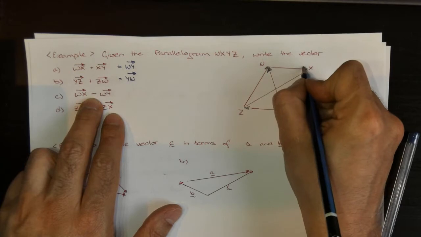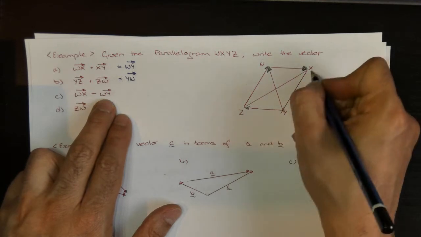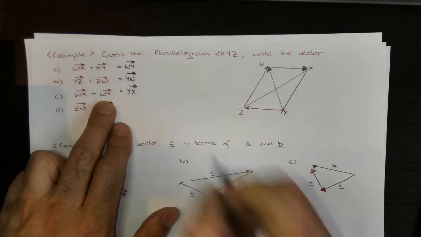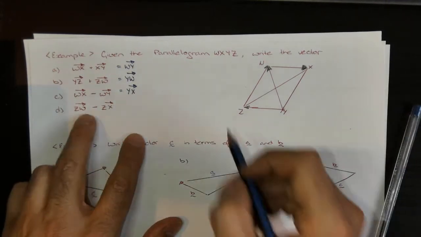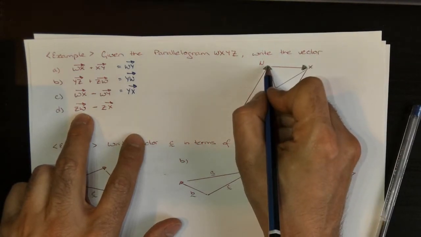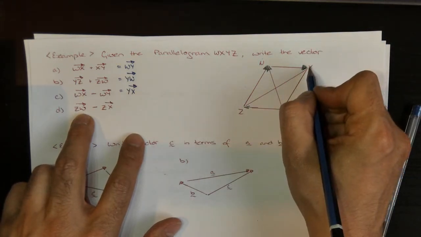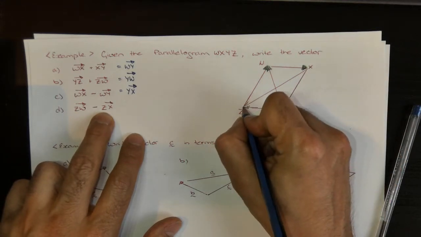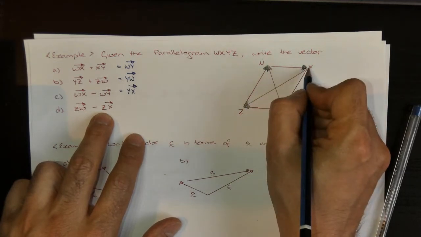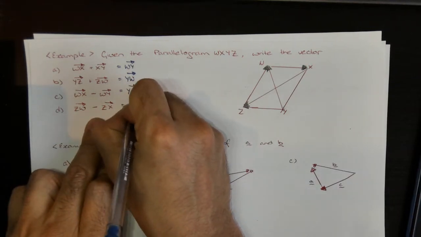So tip to tail, my solution is going to be Y to X. And the last one, I'm going Z to W, this way, and I'm going to subtract Z to X, so it's going to be the opposite way. So I'm going that way. Tip to tail, I'm going to get X to W.